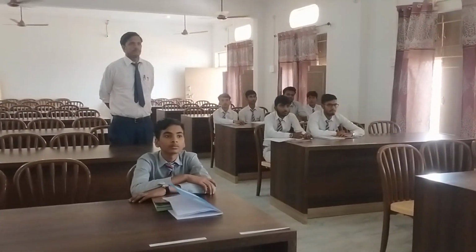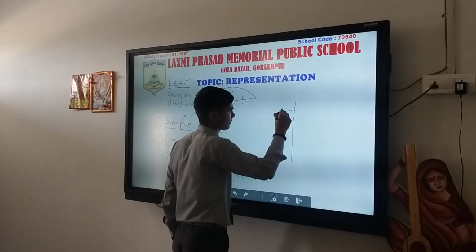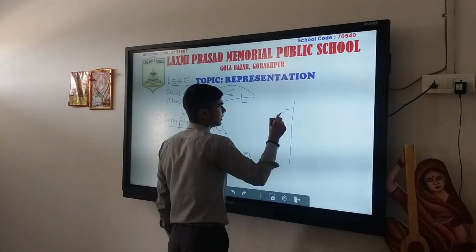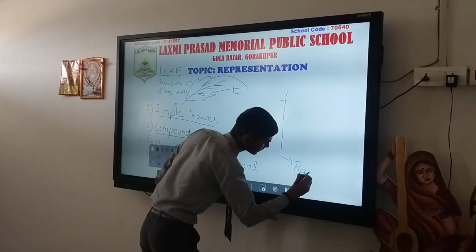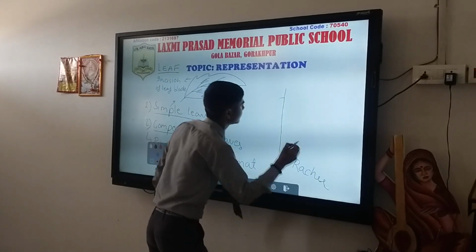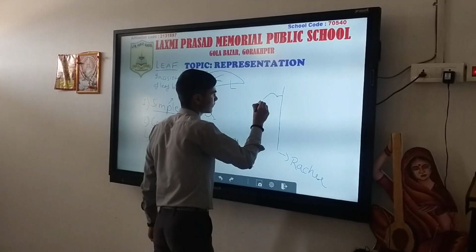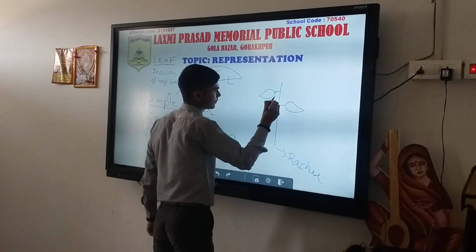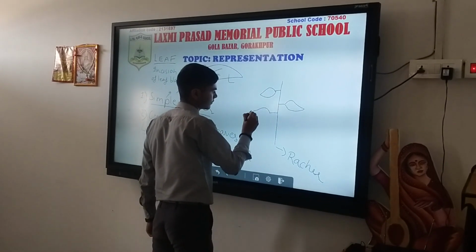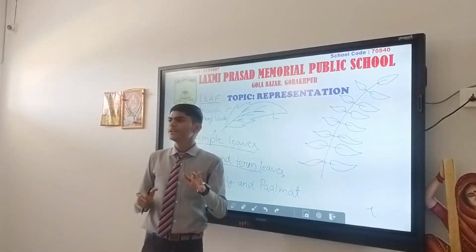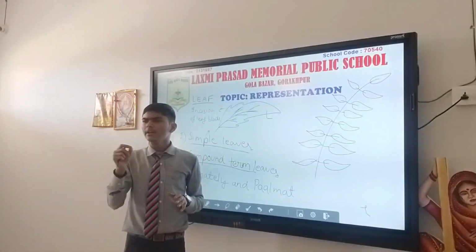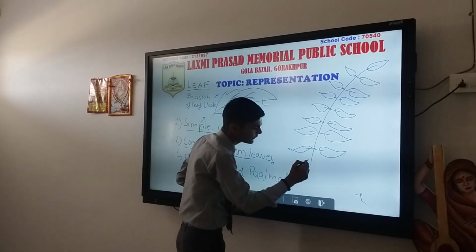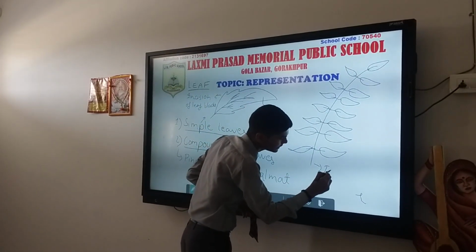In pinnately compound leaves, small leaflets arise from the axis which is known as rachis.